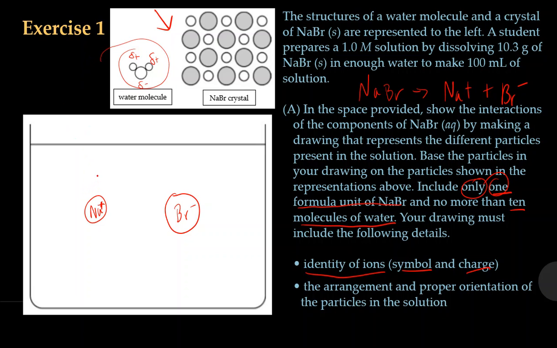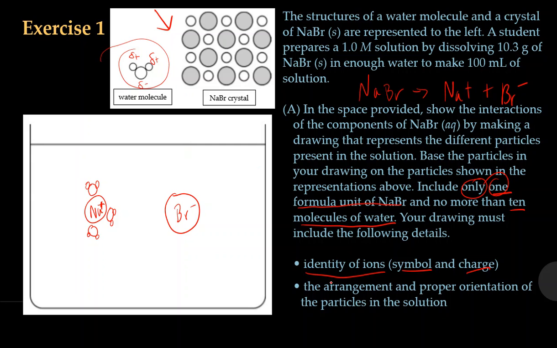Oxygen in or hydrogen in? Oxygen facing the sodium, good. So now please forgive my terrible artistically challenged drawings, but that's what we would go with, the Mickey Mouse ears.